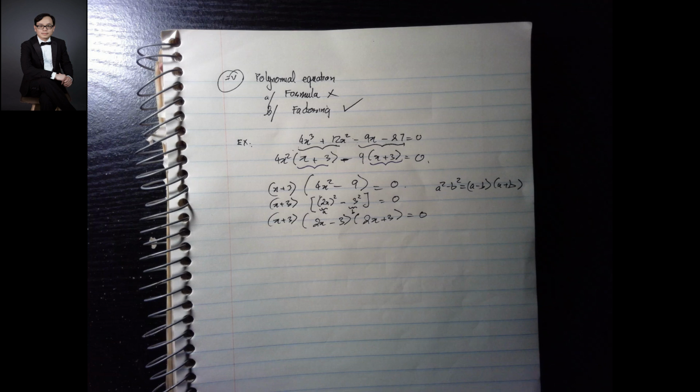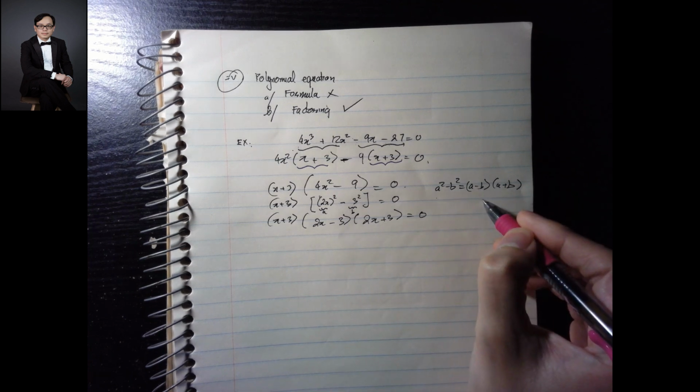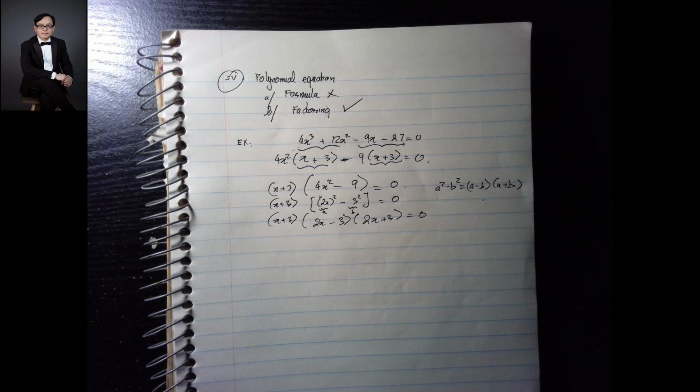The only way that I can help you is I provide you with formulas, but the ability of seeing if the equation can be factored more is about you. I know it's kind of hard because sometimes it's very hard to see if it can factor more. That's why we need to do a lot of problems.